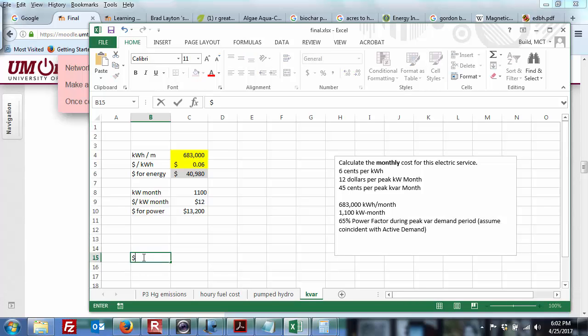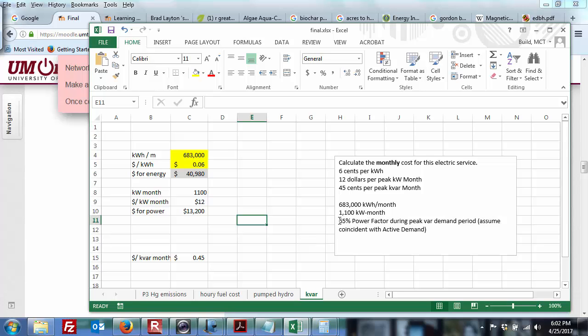So dollar per kVAR month, $0.45. Okay, save that.